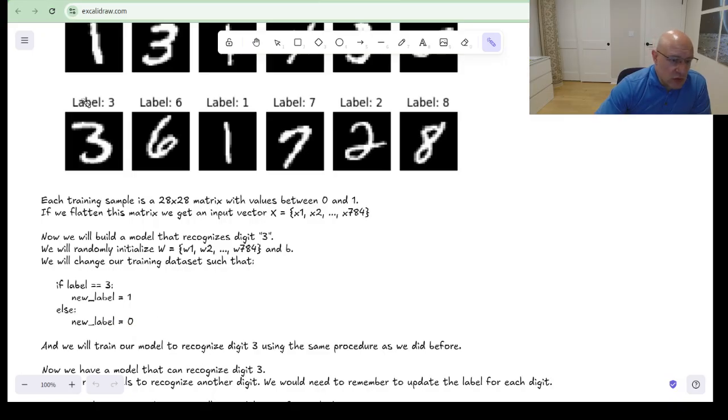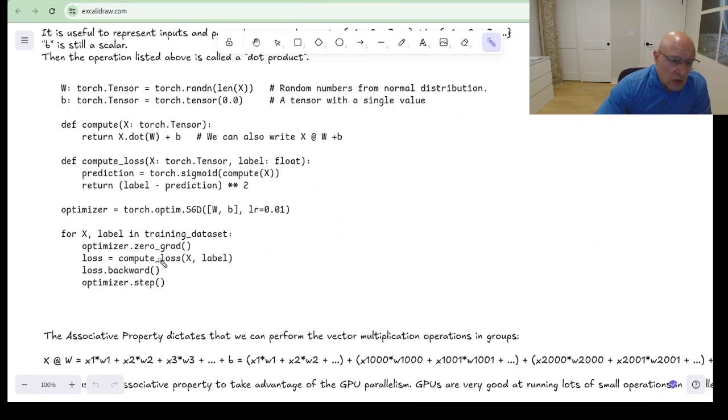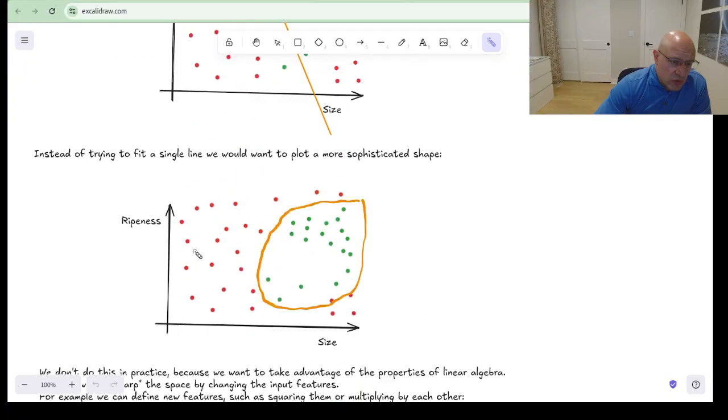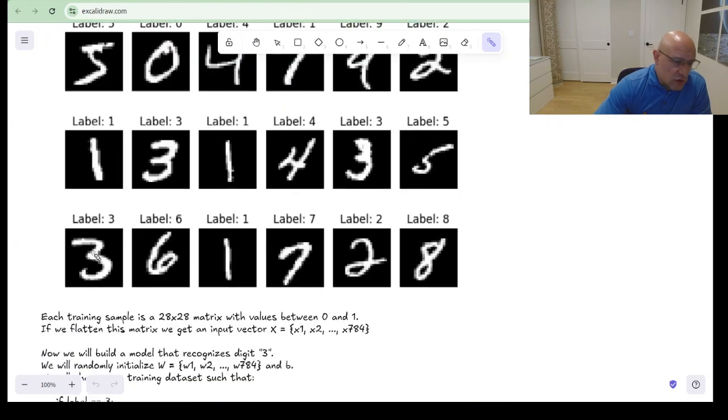So we'll still use this whole dataset with all 10 digits, but only digit 3 will serve as a positive example, and all other digits will serve as negative examples. And with that, we can use exactly the procedure that we listed here, and we will build a recognizing ML model for digit 3.